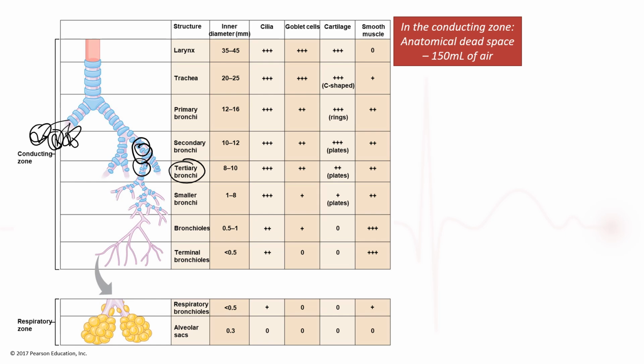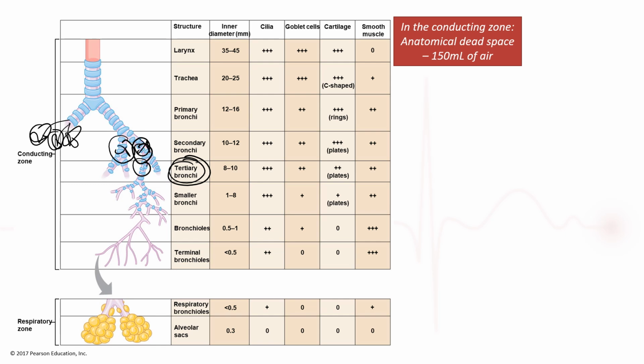And what I can tell you is that, let's just focus on the left lung for now, each one of these secondary bronchi is going to branch into about 5 tertiary bronchi. Again, there are 2 secondary bronchi, and each one of them is going to branch into about 5 tertiary bronchi.